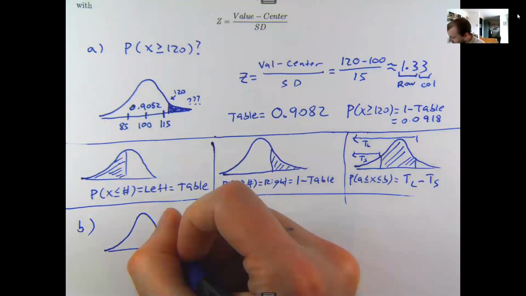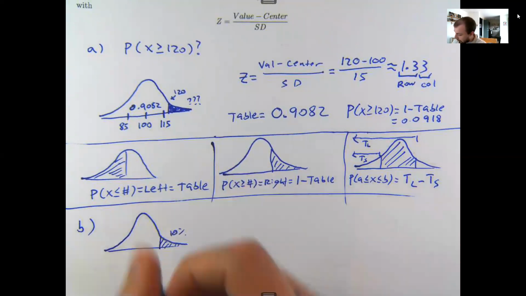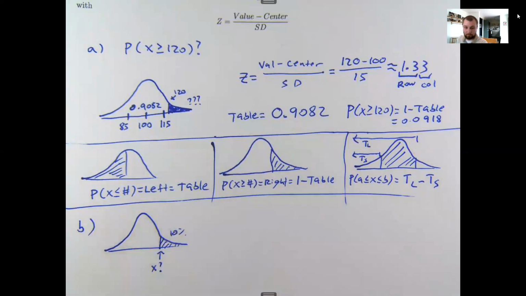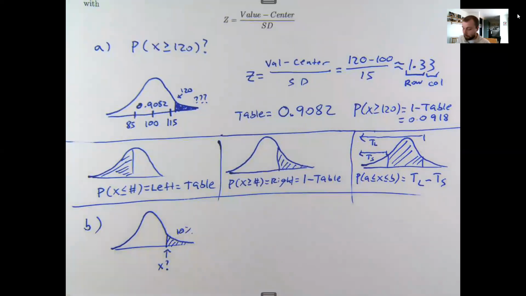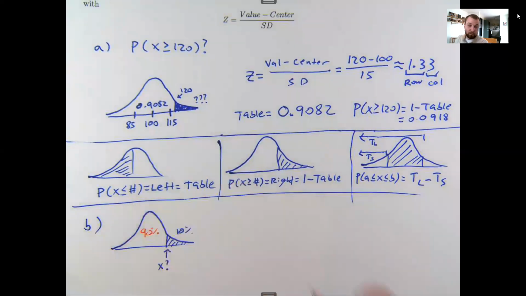So I want 10% in this part of my curve here, and I'm trying to find this x value. Well, if I'm thinking about this, the top 10% is really the same thing as being better than 90% of individuals.